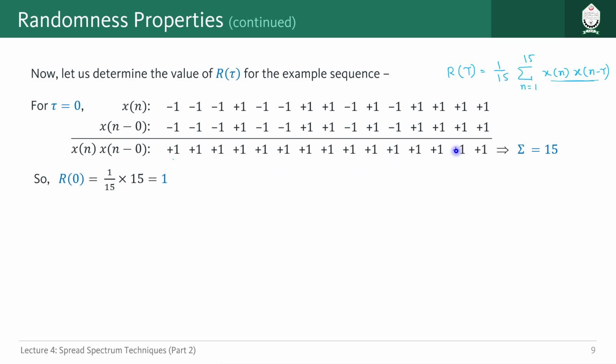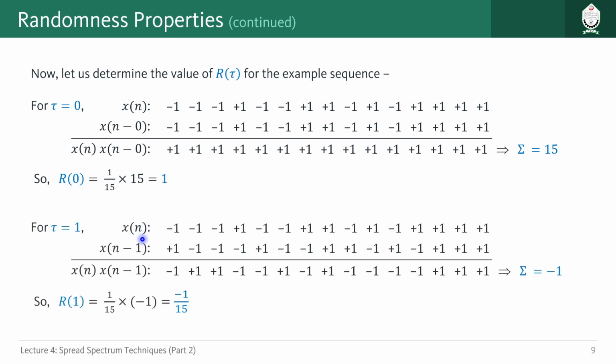So in this way all of these values are multiplied, and finally these bits should be added up to get the whole summation here, right? So that value comes as 15, right? So then we can calculate that as 15 multiplied with 1 divided by 15. So this 1 divided by 15 is here, and after calculating the whole summation here we are getting 15. So the resultant comes as 1. So r of 0 is equal to 1.